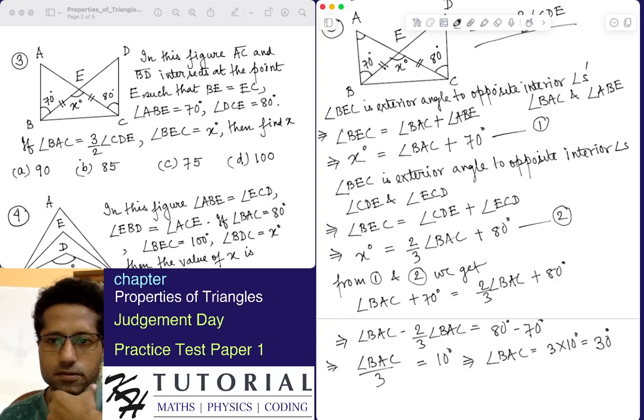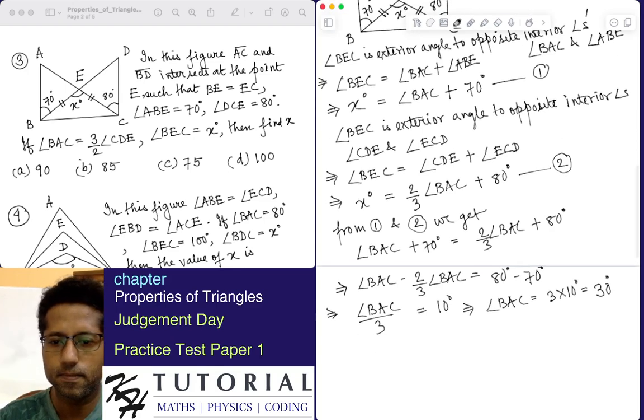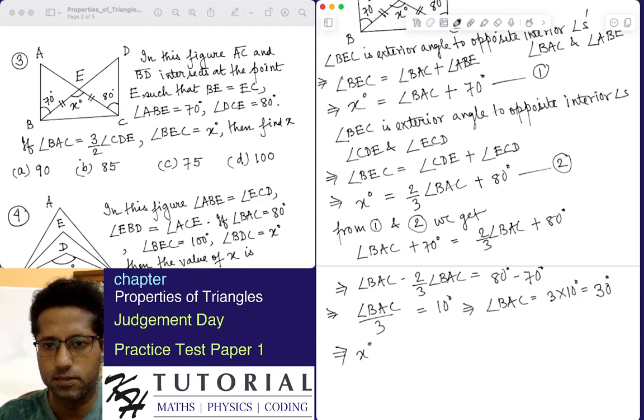We have to find x. Once we have got BAC, from equation 1 we get x degrees equals angle BAC plus 70 degrees.